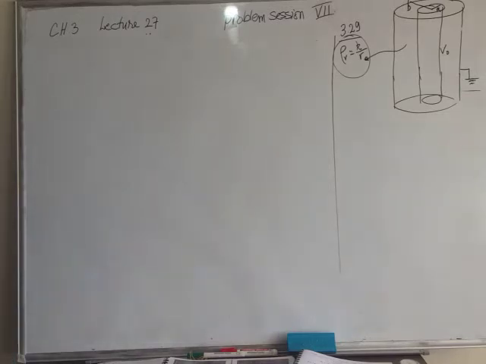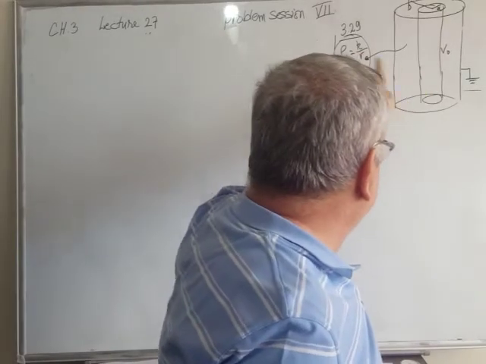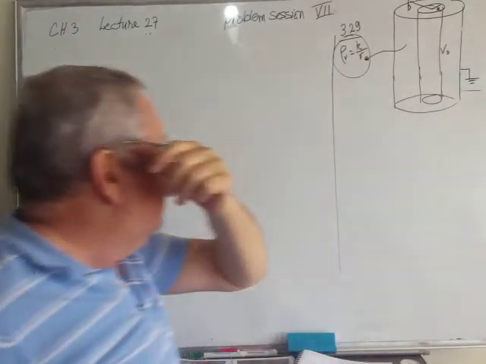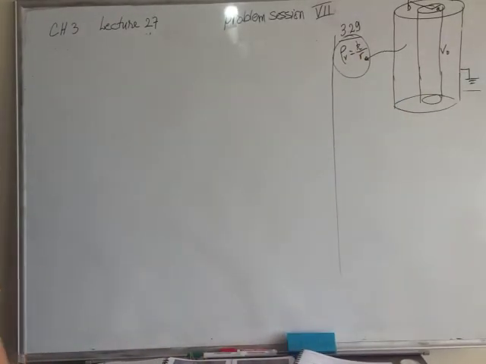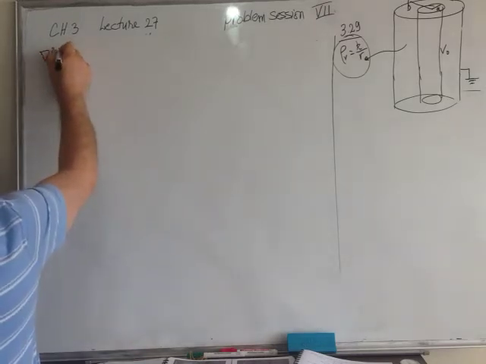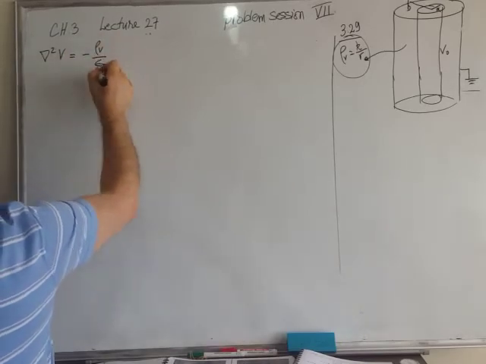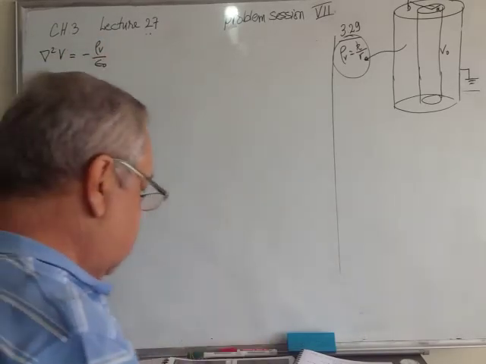Even if he doesn't tell me that I have to solve Poisson's equation, I should know that, because here the region between the two conductors is filled with a volume charge density which is non-zero. So we have to solve Poisson's equation, which says that the Laplacian of V is minus rho V over epsilon 0. Okay?